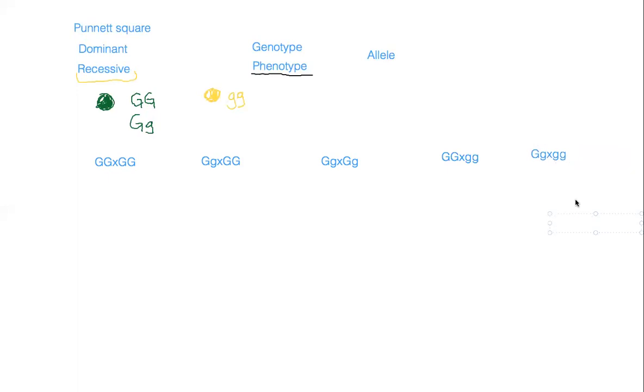And one last combination will be this one. So as you can see, we got 1, 2, 3, 4, 5, 6 different combinations that we can make from only 2 parents.